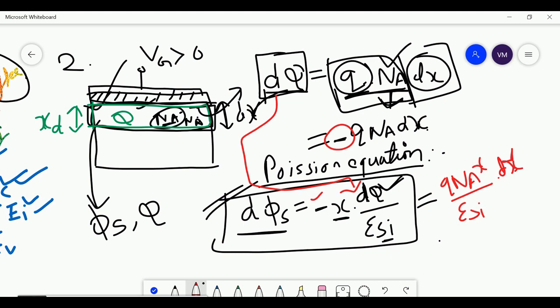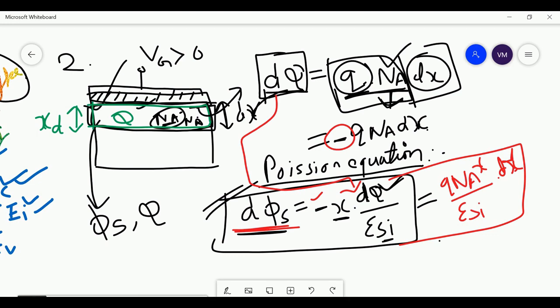This is d phi s. So now your surface potential is equal to q na x dot dx divided by epsilon si.